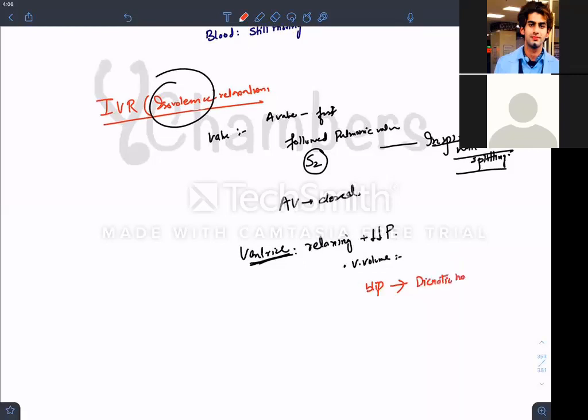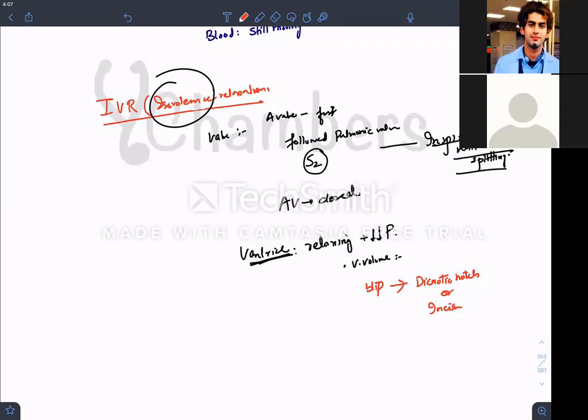What is incisura? If they ask you, you should say there is a blip in the aortic pressure. When we use a graphical method to represent the aortic pressures, a sudden blip, a notch, is seen because of the closure of the aortic valve. This is called dicrotic notch or incisura.